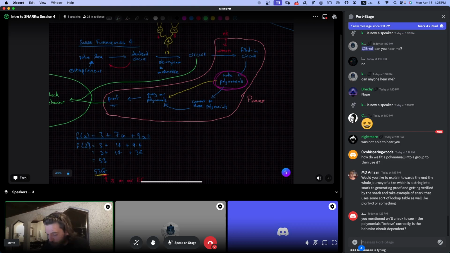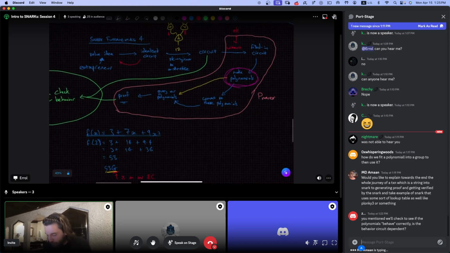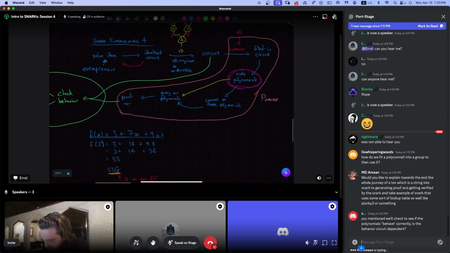Very good question. For most developers, all this proof making, sorry, not proof making. Why does it keep changing my lines? Let me do highlight instead. All this polynomial making doesn't matter.